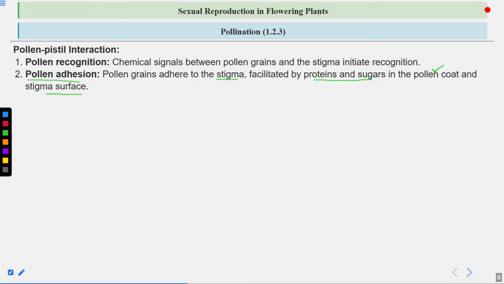And the stigma will release these proteins and sugar once they recognize the type of pollen, whether it is the right type or wrong type.